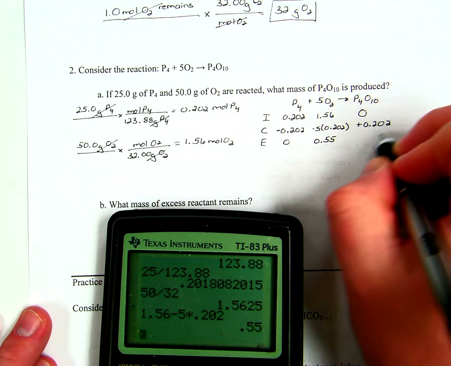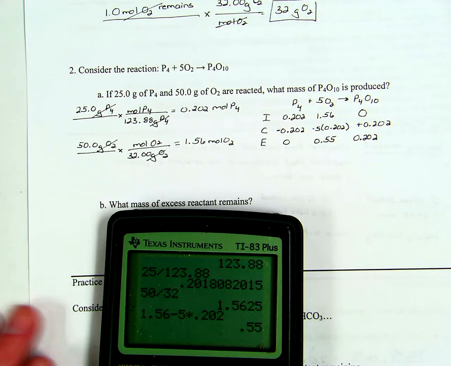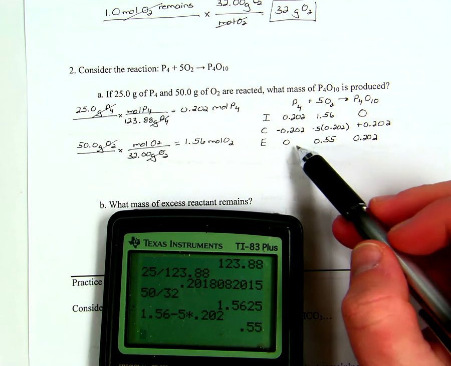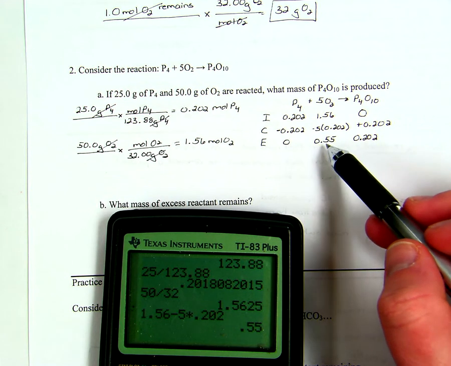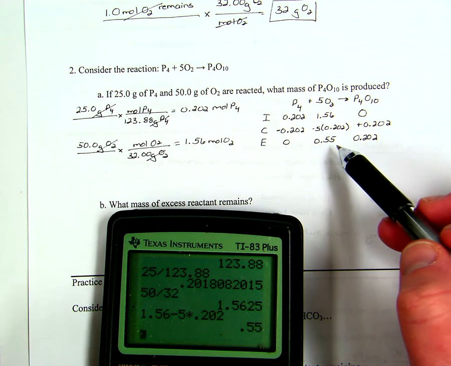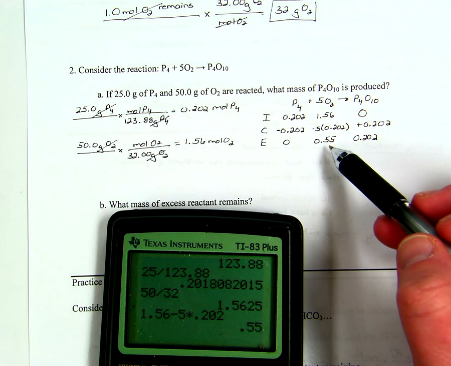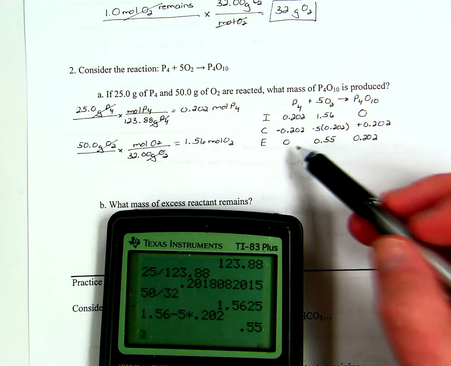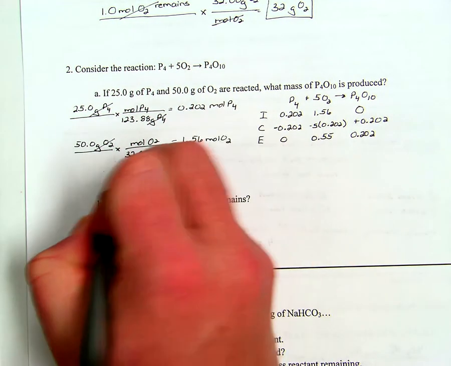This shows us that the phosphorus, the P4, is limiting because all of it runs out. I have none left, and I still have oxygen left over. So I don't need to do a second chart because I've already determined what the limiting reactant is. So P4 is limiting. Again, even though we weren't asked to find that specifically, we do need to know what that is.